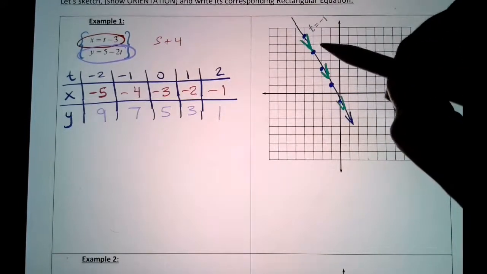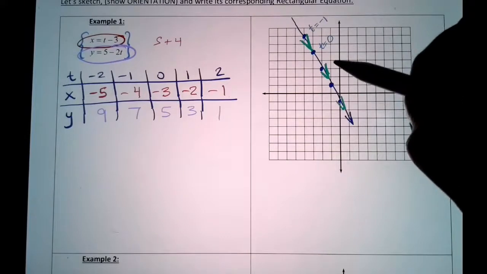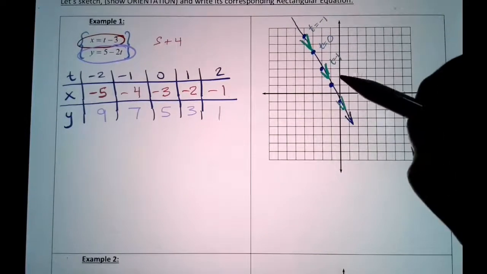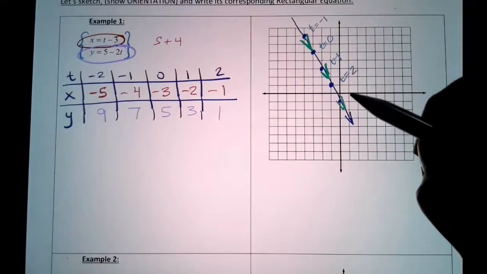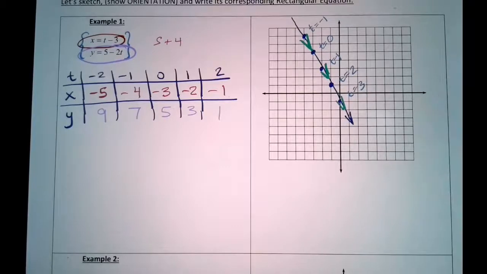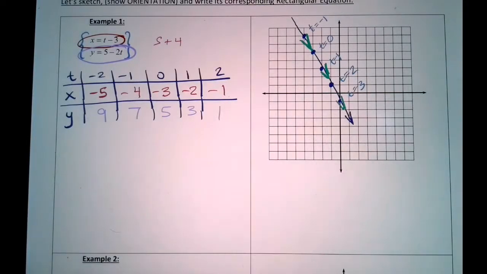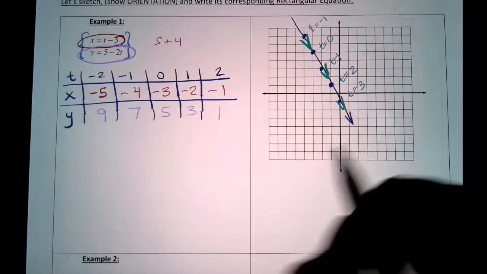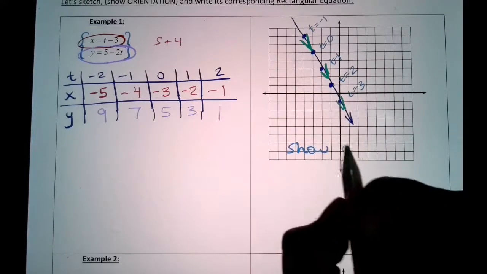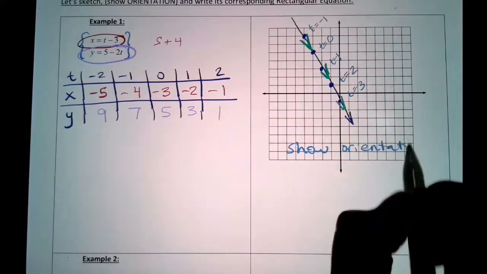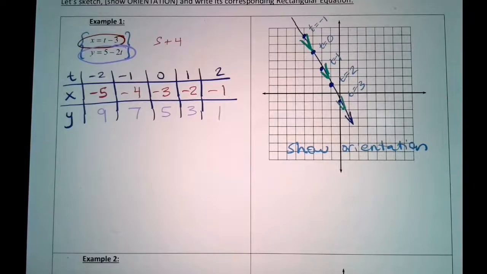This was where t was -1, and t is 0, and t is 1. As time moves forward, my path is heading in this direction. So your graphs are always one-way roads. You have to decide and indicate on your graph to make sure that you're showing the orientation of a parametric equation.